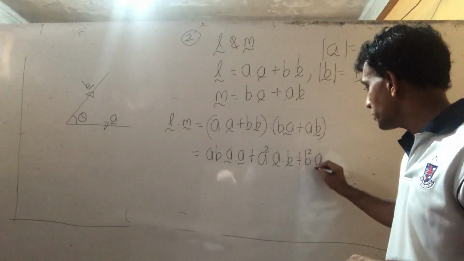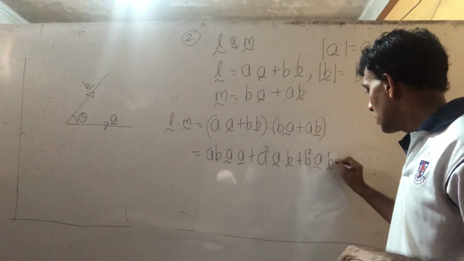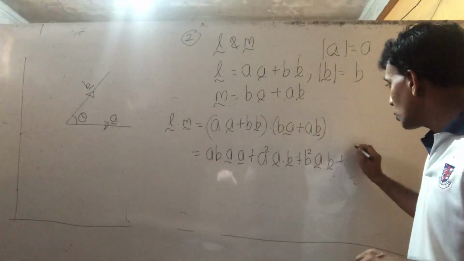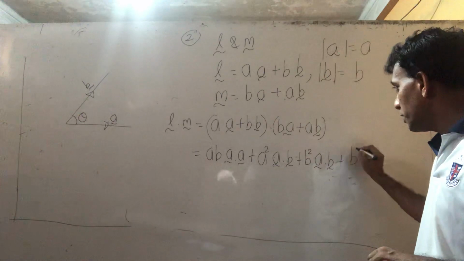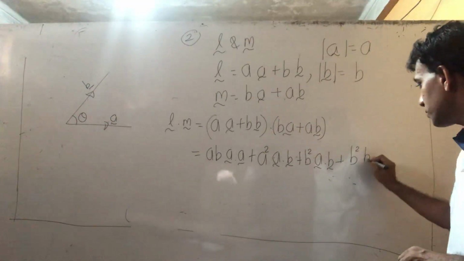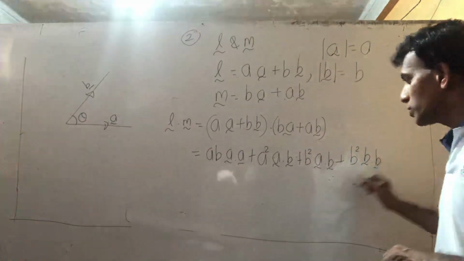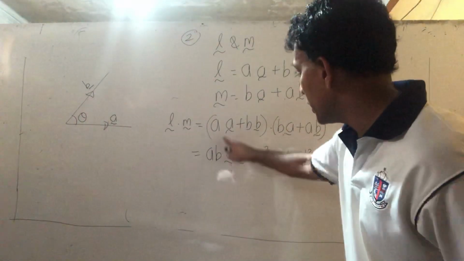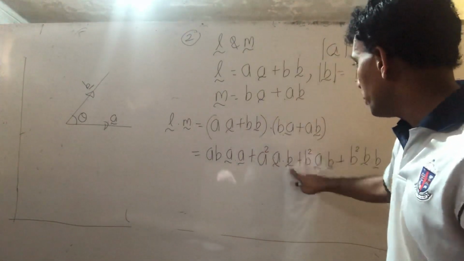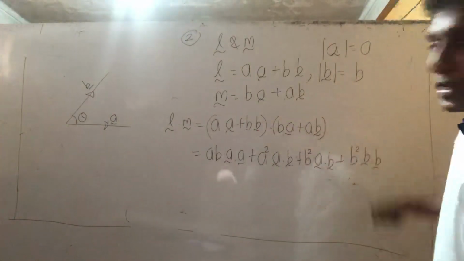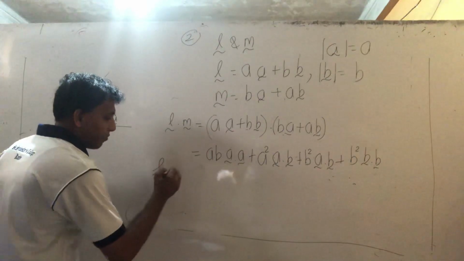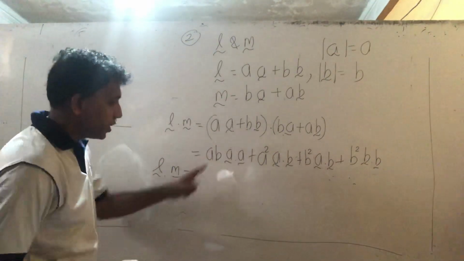A dot B, plus here B mod B square, B square, and B dot B. So this is correct: mod A dot A, and this A square A dot B, here B square A dot B. So therefore L dot M.